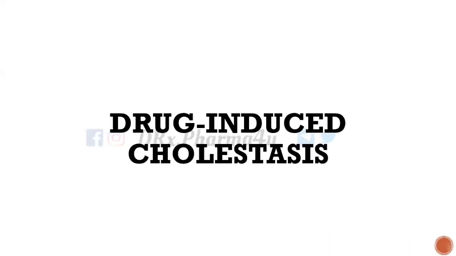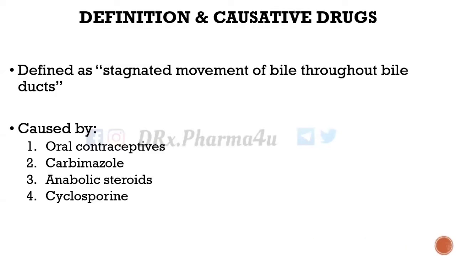So first we will go into drug-induced cholestasis. It is defined as stagnated movement of bile through bile ducts. Stagnation means, for example, something that is blocking the normal flow.